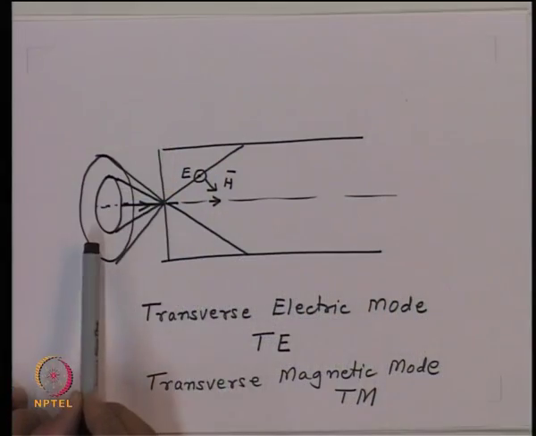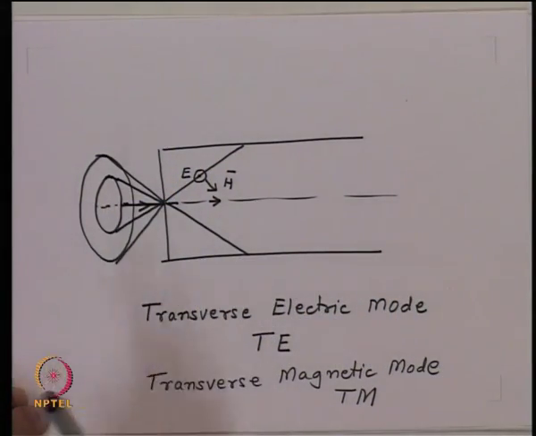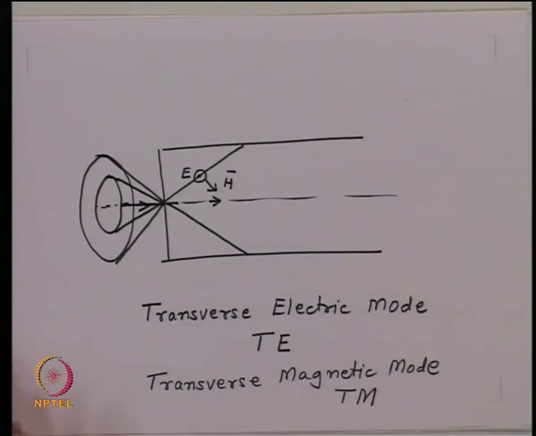Now, coming back to again the launching of the rays inside the core of the optical fiber, the thing which we noted now is that there are only discrete rays which can go inside the optical fiber. One ray which is along the axis is always guaranteed because it does not require any phase condition to be satisfied.